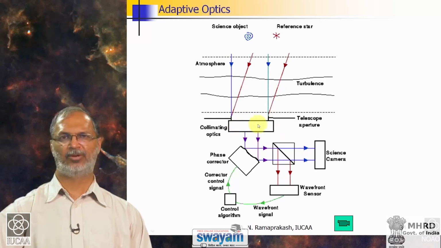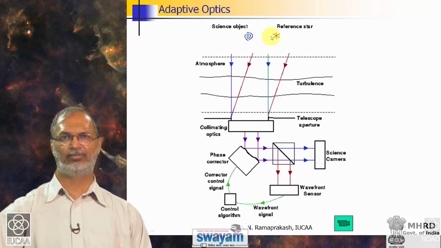This rectangular block denotes the primary mirror of the telescope, and the light passes to the focal plane of the telescope. Now, in order to correct for this atmospheric turbulence, you need a reference object in the sky, very often a reference star, a point source in the sky which is very close to your science target.